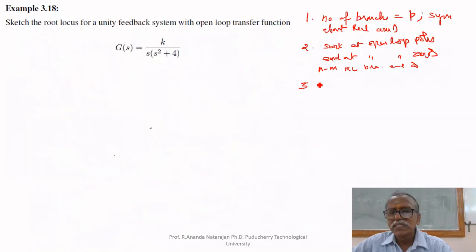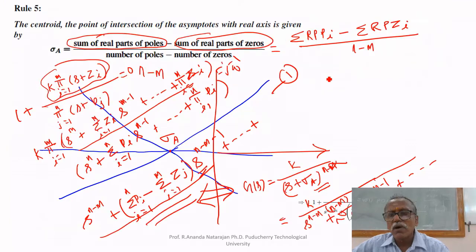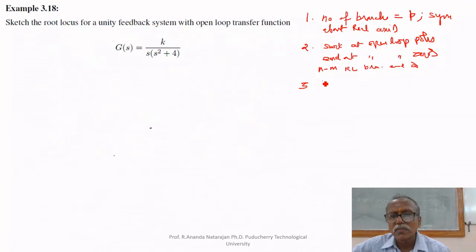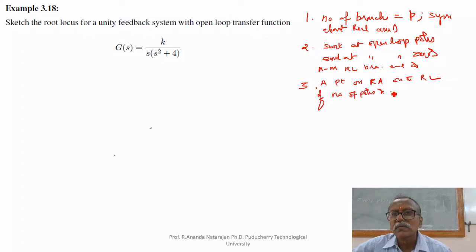Third rule says a point on the real axis is on the root locus if the number of poles and zeros to its right is equal to an odd number.